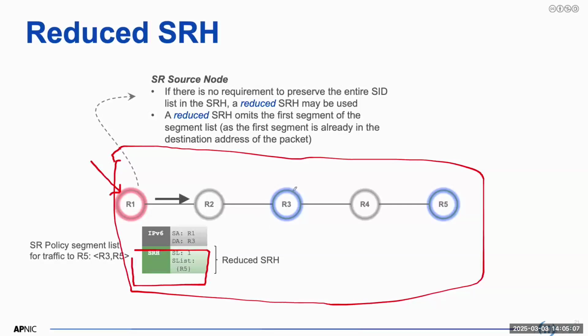And second, when any node is attaching an SRH, the destination should not be beyond R5 or beyond R3. That means it's going to go beyond your domain or beyond your network. We should not allow this to happen.